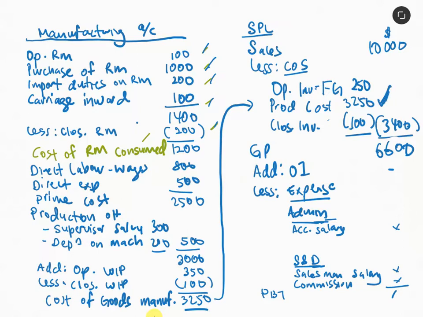Because when this increases, my total cost here increases, which is my production cost here increases. Last time, do we open a manufacturing account? No, because we are always trading, we buy to sell. Now we produce to sell. Therefore, we have to open a manufacturing account: material, labor, overhead.